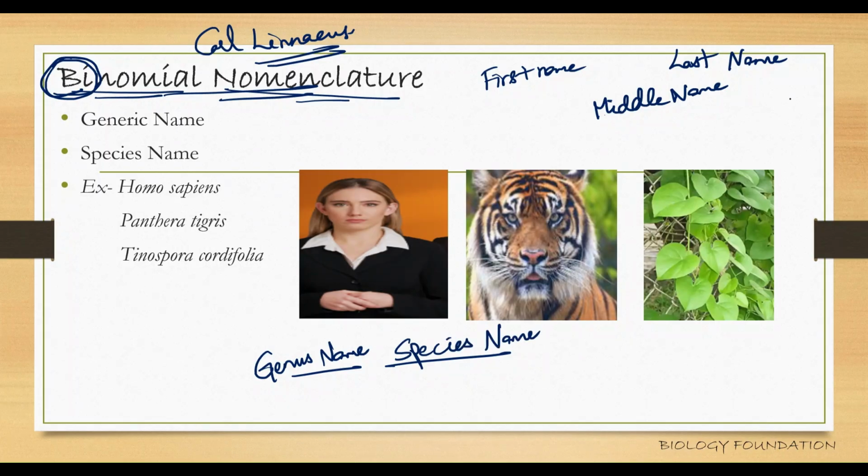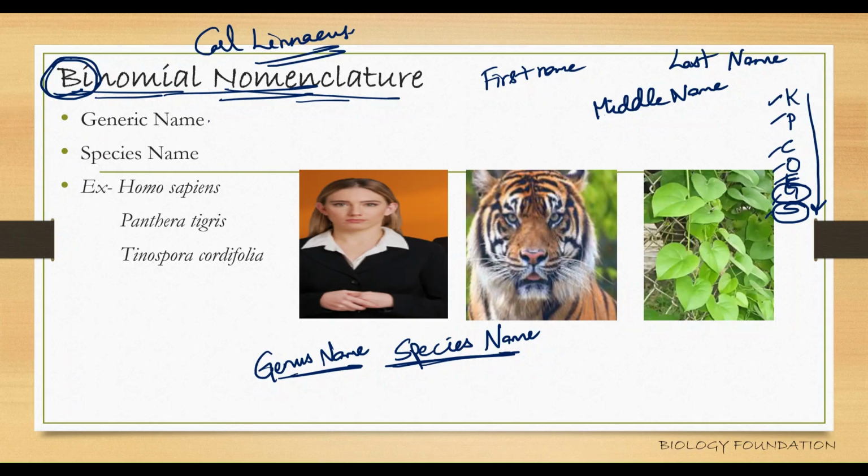If you remember, we talked about king plays with clever officers for great success. This is the hierarchical system of classification, where every organism belongs to one kingdom, phylum, class, order, family, genus, species. The genus that the organism belongs to and the species that it belongs to form the two parts of its name, the generic name and the species name. Hence, it is called binomial nomenclature.